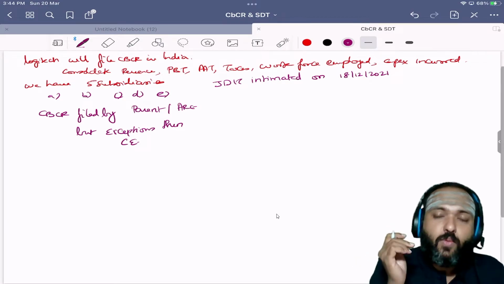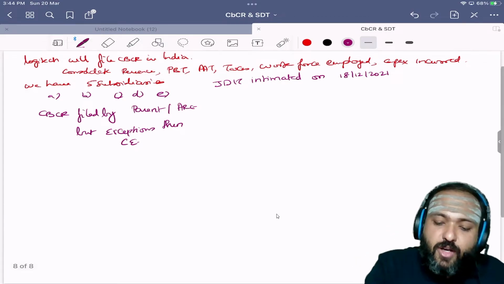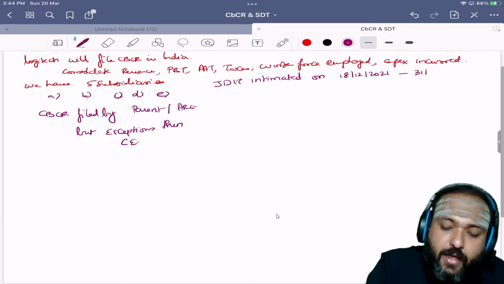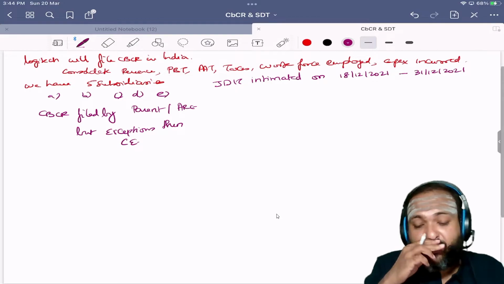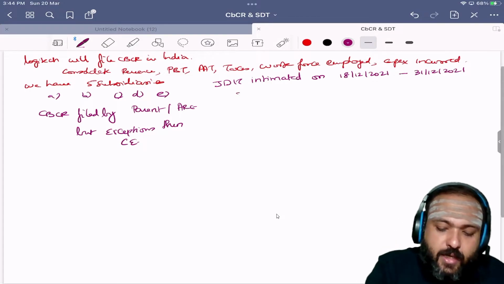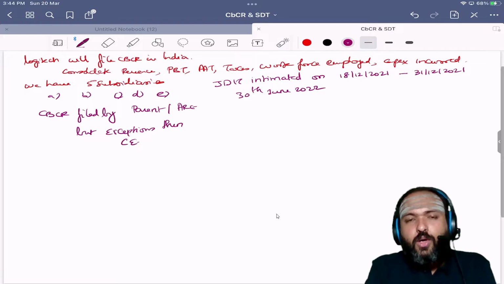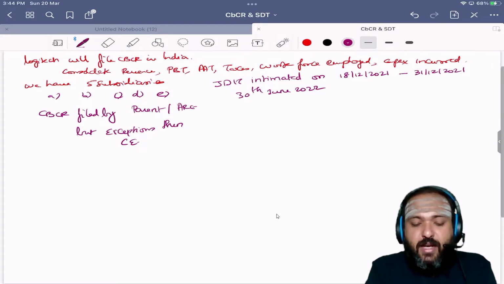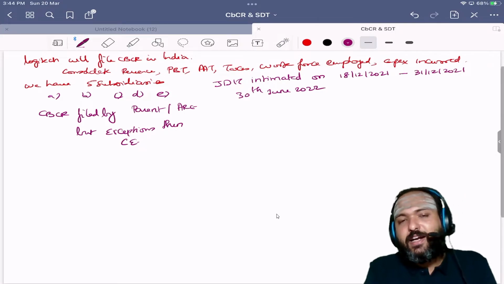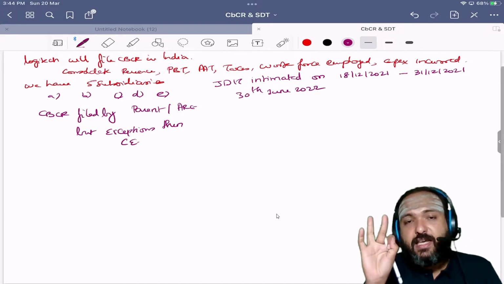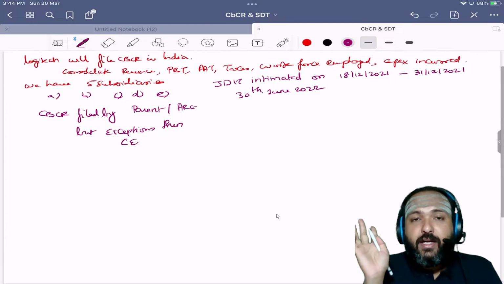Then what is the time limit available? First go to the end of the month, 31/12/2021, and 6 months from here, which will be 30th of June 2022. 30th of June 2022 will be the due date within which they will have to go ahead and file the country by country reporting.